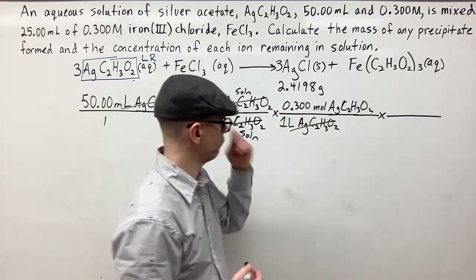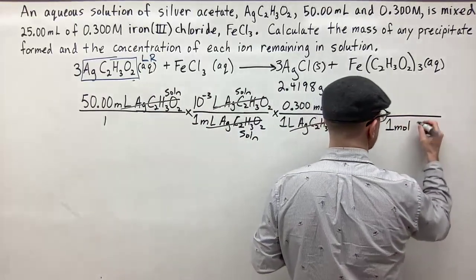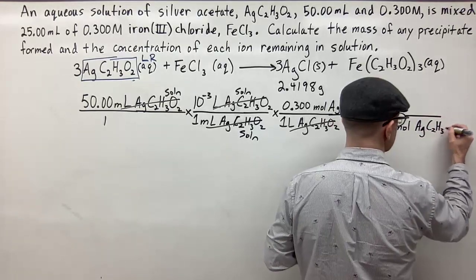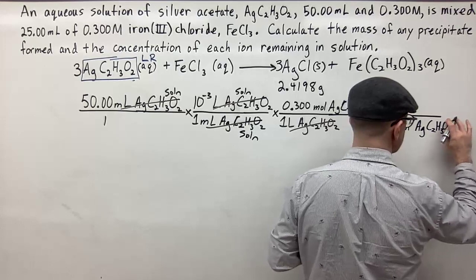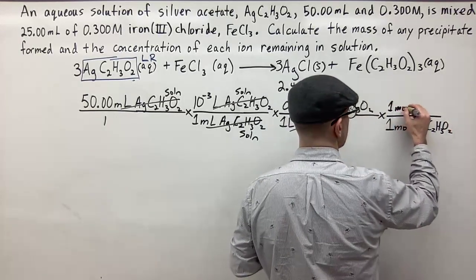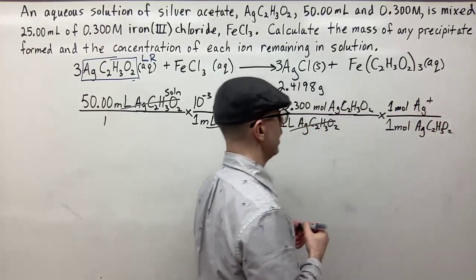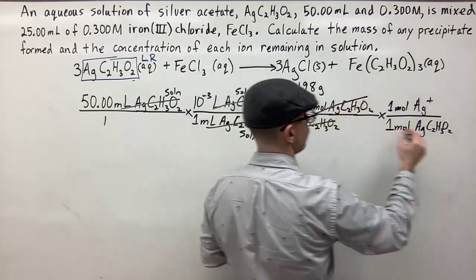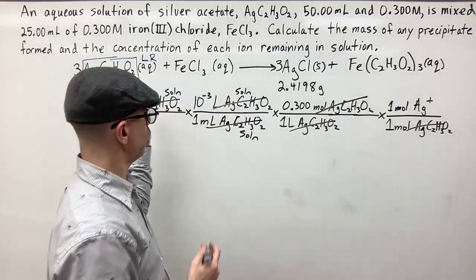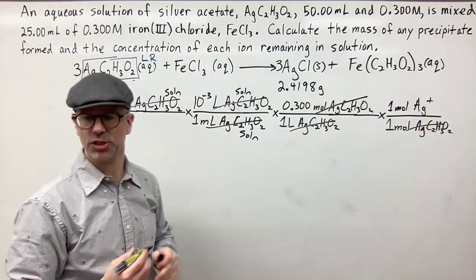So let's do silver first. I'm going to put 1 mole of the silver acetate on the bottom, and 1 mole of silver ions on top. So moles of the silver acetate cancel out, and when I multiply across the top and divide by the bottom, I get my answer.